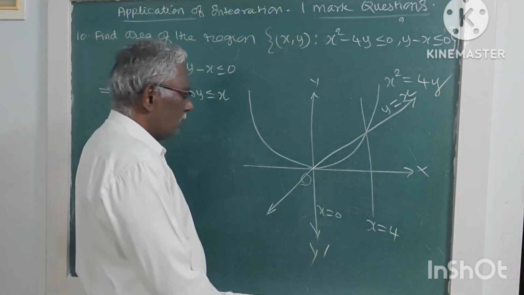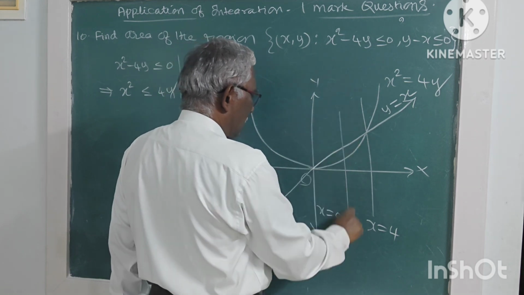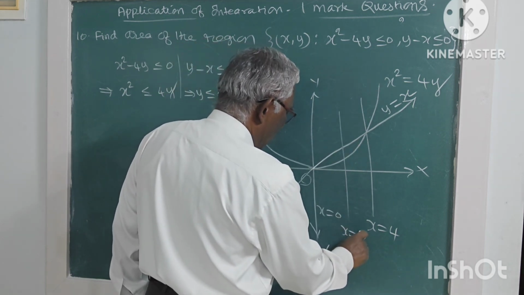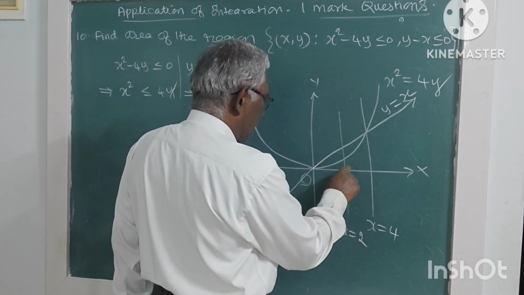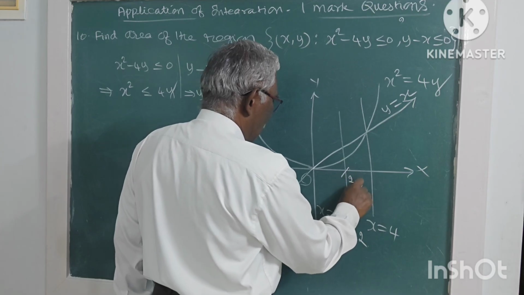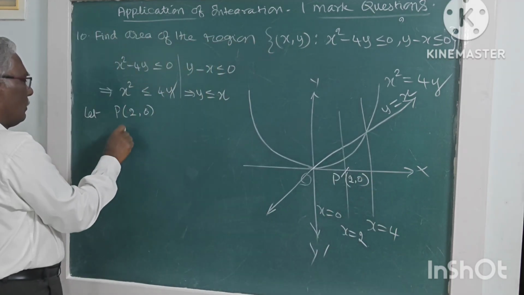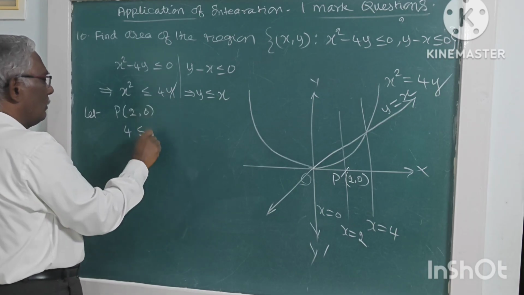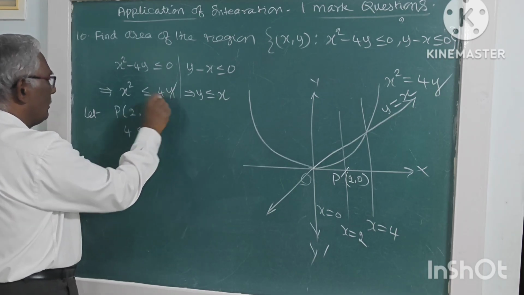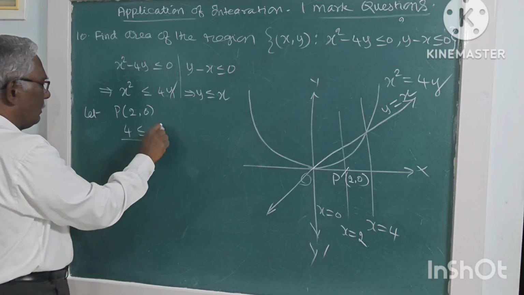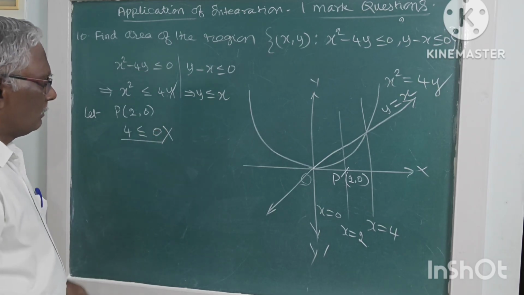Take a point, let us take this point 2 comma 0. For the parabola, x is 2, 4 is less than or equal to 0, so this is not correct.